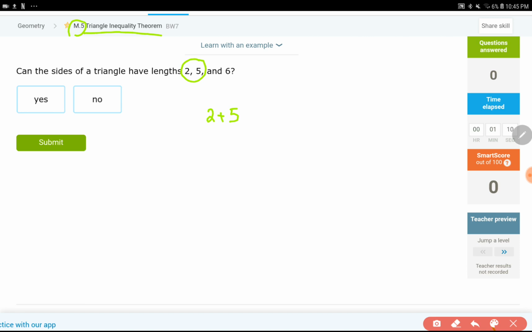If that's the case, then this is going to be a yes. So 2 plus 5 is 7, and I know that it is greater than 6, so this would be a yes. We can create a triangle using these three side lengths.